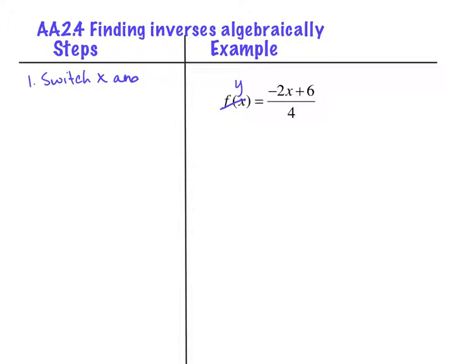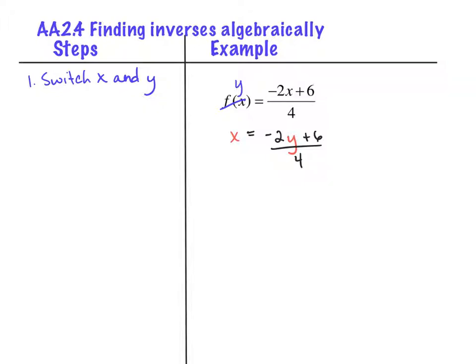And that's literally just put them in the opposite spots. So I'm going to have x equals -2y plus 6 over 4.